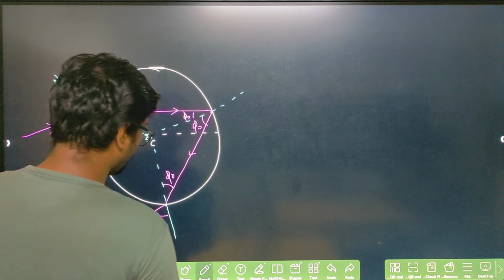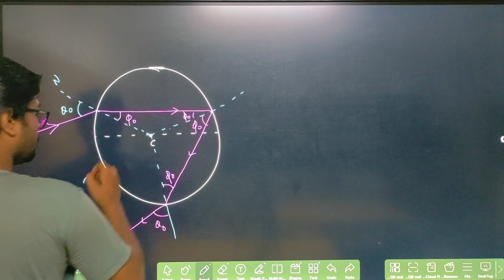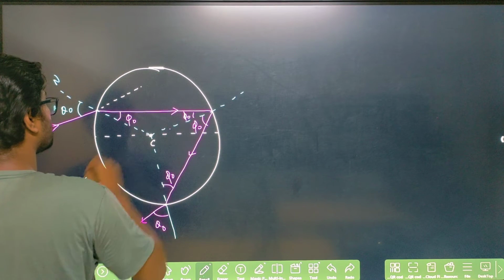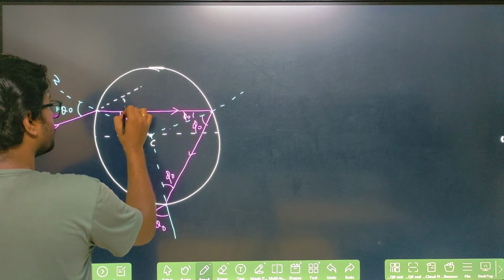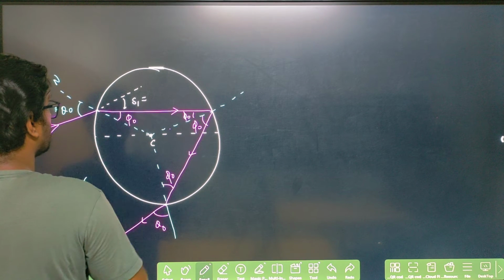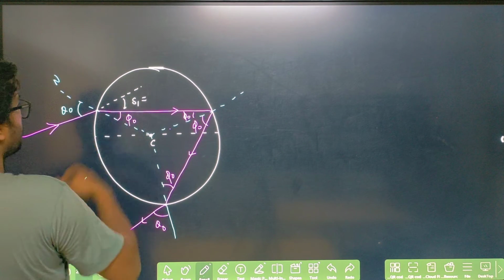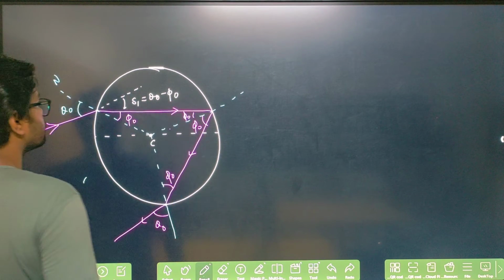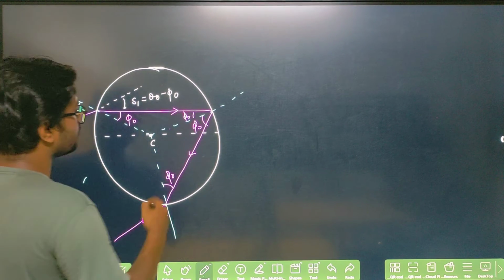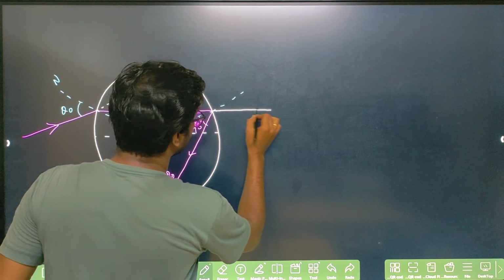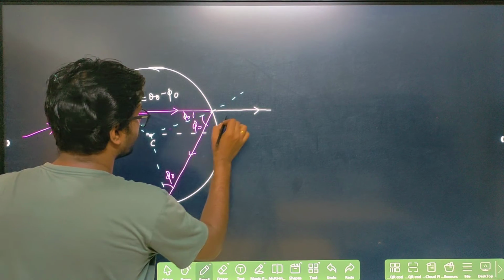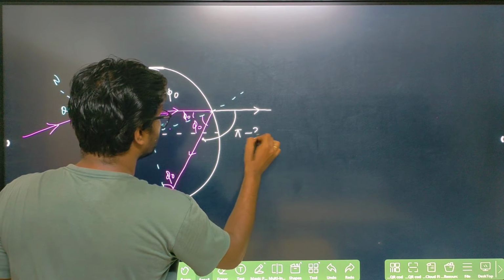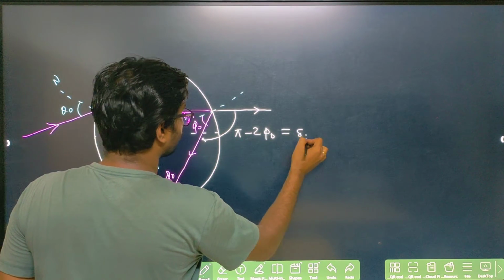Now you have to find out the deviation here. So, obviously, you will tell that if it is moving, instead of bending, if it would go like this, how much is it deviated? So it is deviating here, let's say I am writing delta 1, and the deviation will be theta naught minus phi naught, right? And here if it goes along this direction, it will be deviated this much, and this deviation is obviously pi minus 2 phi naught, that is your delta 2.